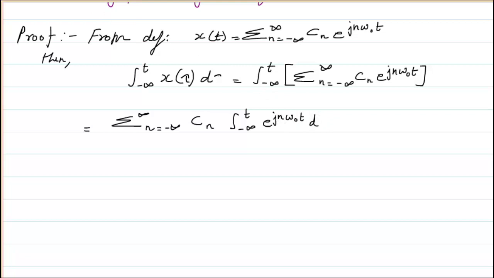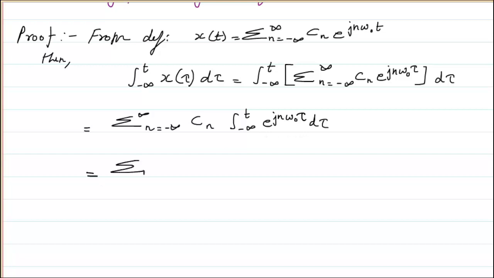So this is tau d tau, and this is also d tau. I should have written it as d tau. Then instead of t, this will become tau. So this is also tau, and similarly this is also tau. That I should not forget.